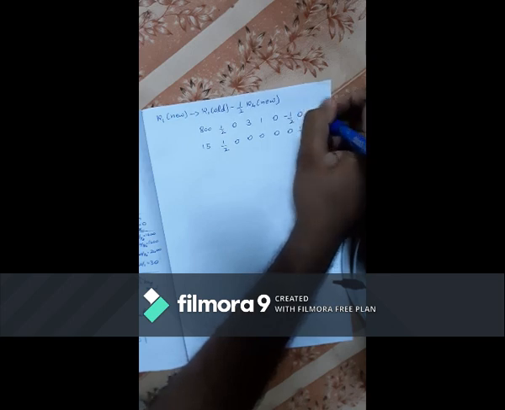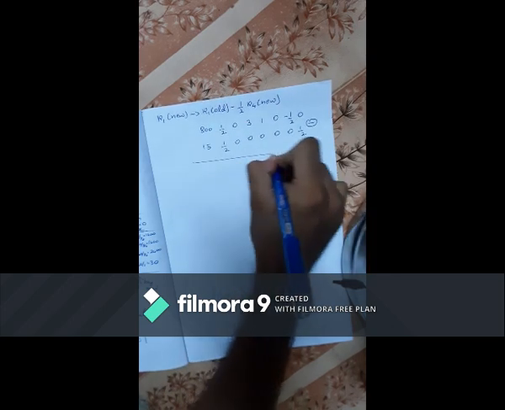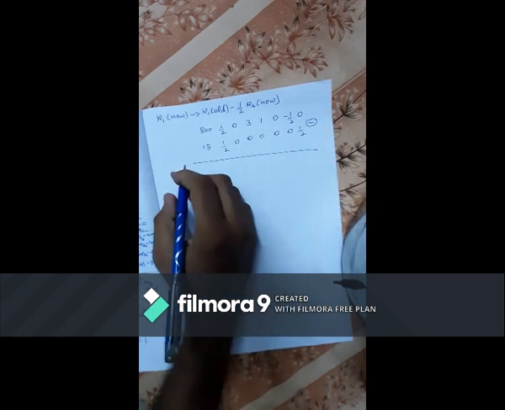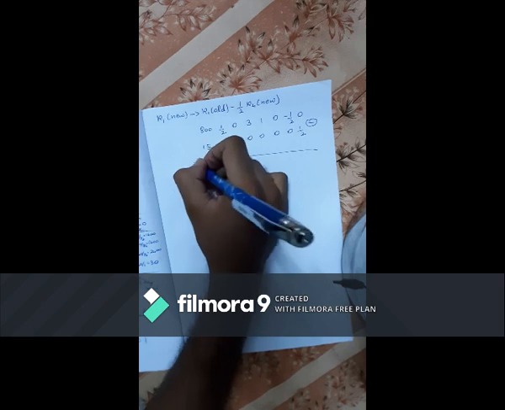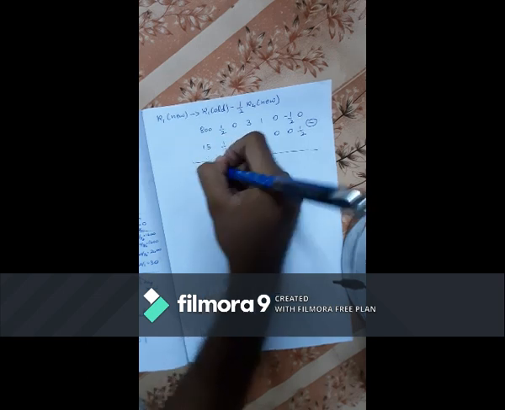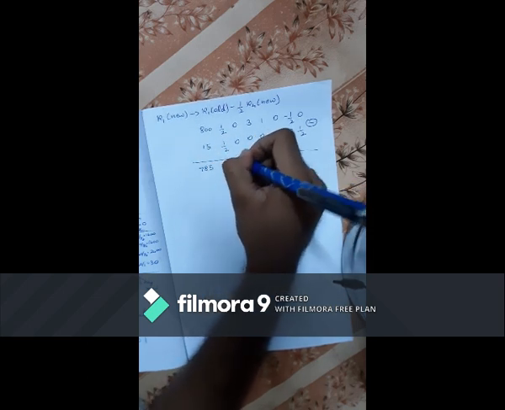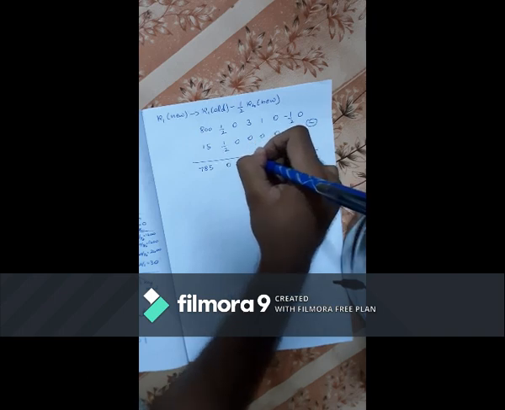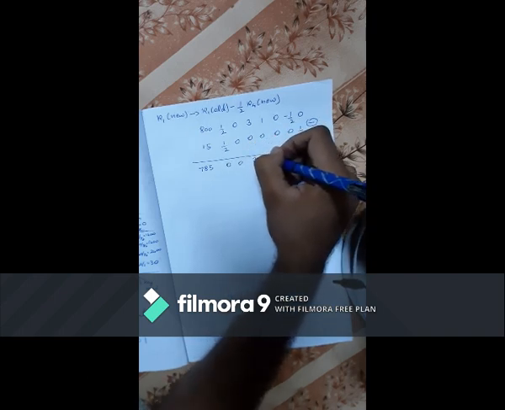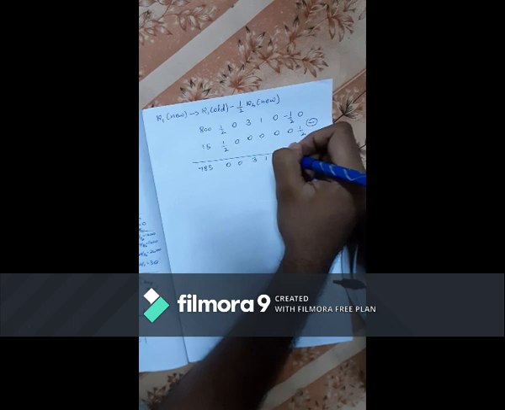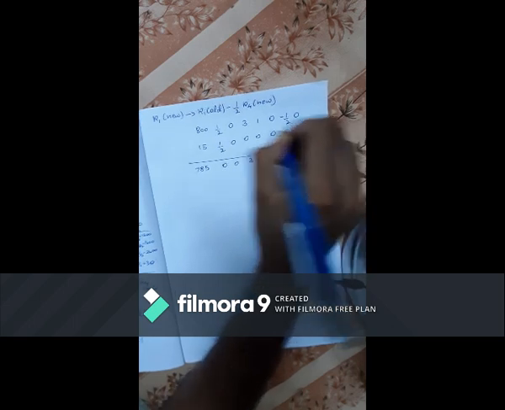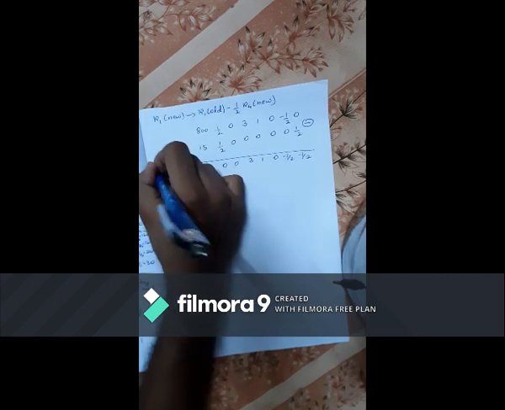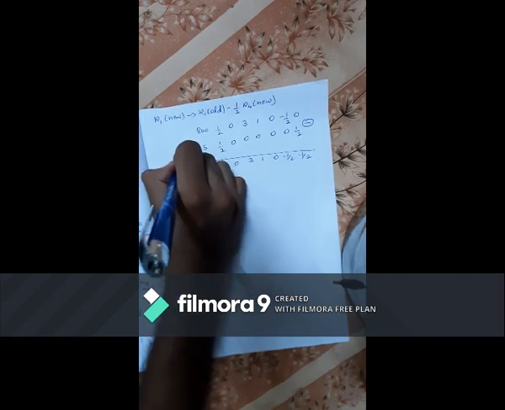This is a negative sign. Okay, so here the values are 785, 0, 0, 3, 1, 0, negative 1 by 2, negative 1 by 2. So this is the new R1.